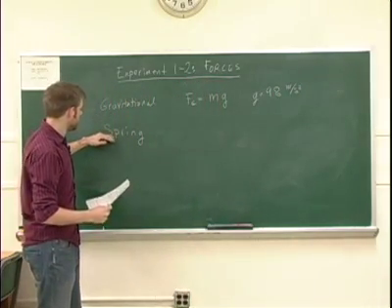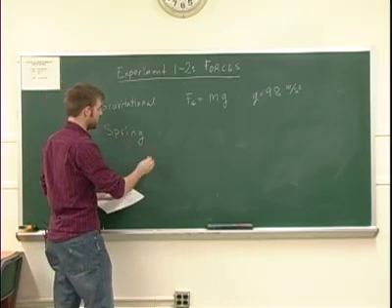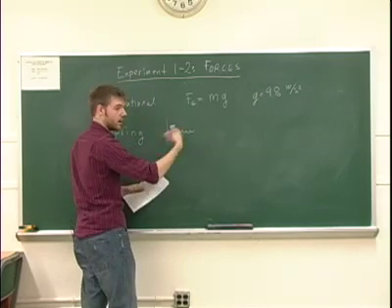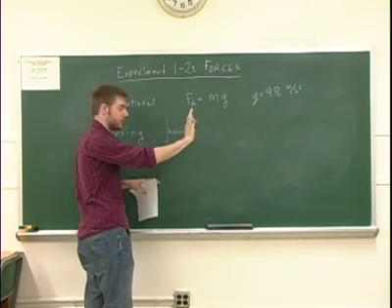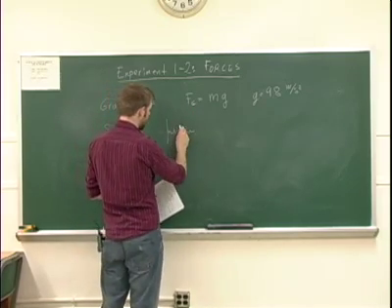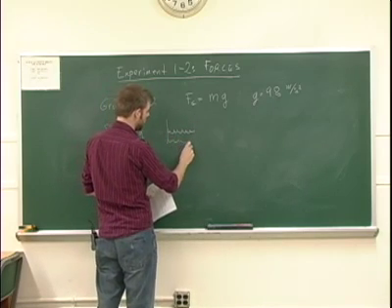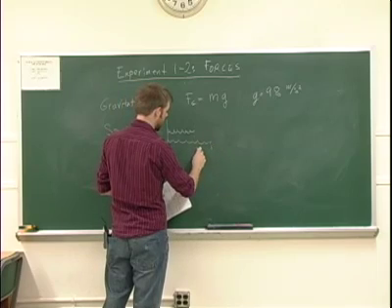For the spring situation here with spring forces, if I have some spring and I stretch it, it's going to try to pull back. Or if I compress it, it's going to try to push me out. So let's say I have some spring which has a rest length of this distance here, and I pull it out a distance s.